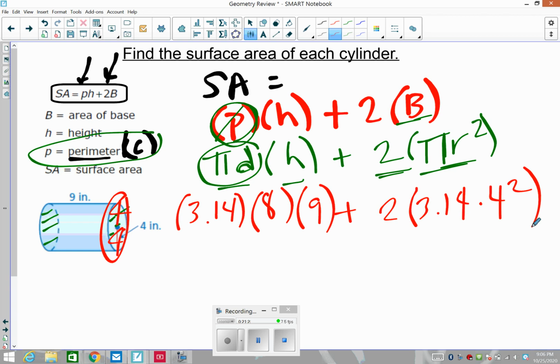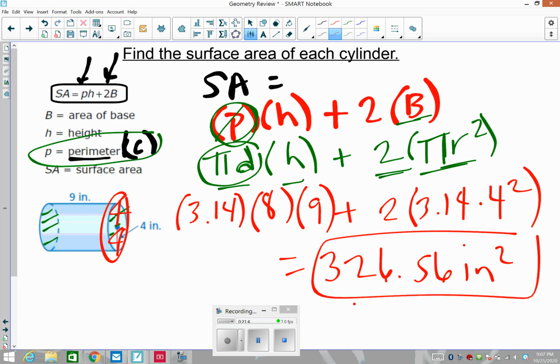So all of that typed in our calculator, 3.14 times 8 times 9 plus 2 times 3.14 times 4 squared gives me 326.56 inches squared of total surface area, meaning all the surfaces. If we were to wrap the outside of that, how much paper would we need?